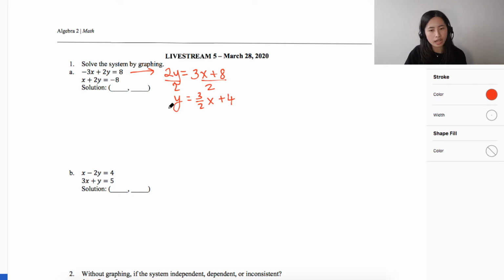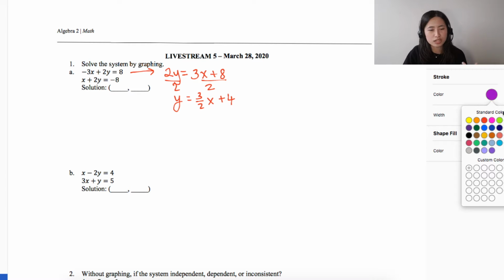On the other hand, we also need the slope-intercept form of x plus 2y is equal to negative 8. Again, this is just for preference, but I think it's going to be easier to graph your equations if they're in slope-intercept form, y is equal to mx plus b.